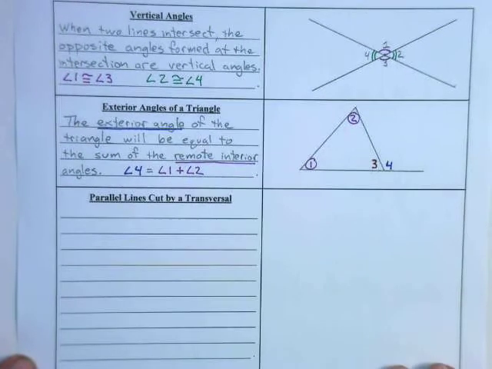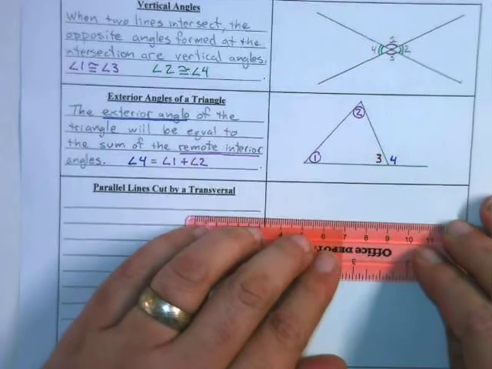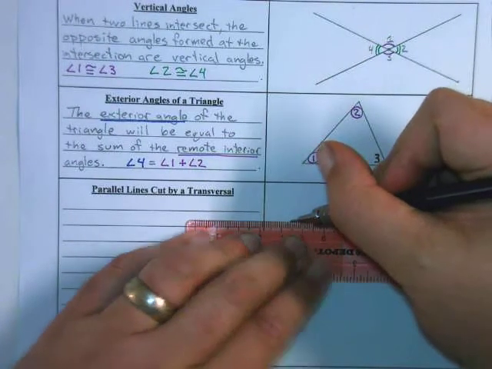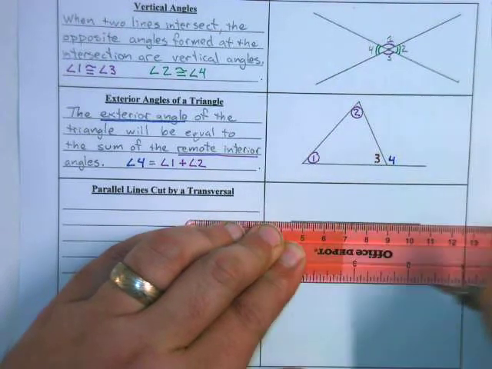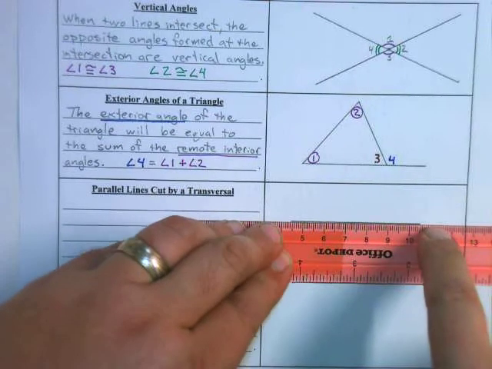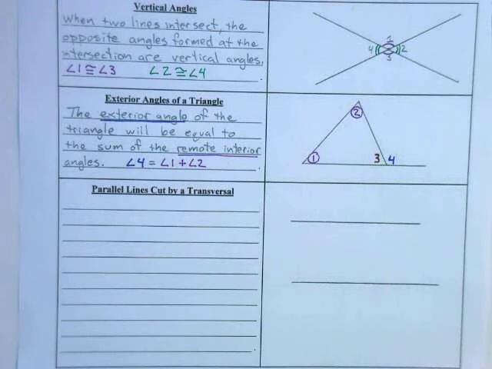So now comes our last set, our parallel lines cut by a transversal. So we have parallel lines. The easiest way to do this is if you have your ruler, you can just draw a line on one side of your ruler and then draw a line on the second side of your ruler, and you have your parallel lines.